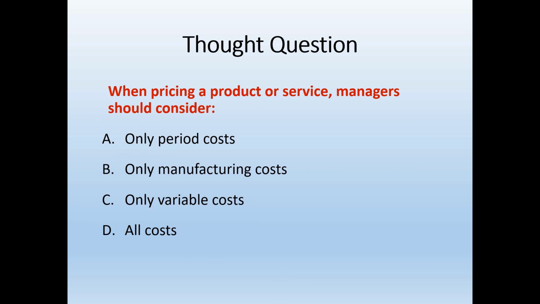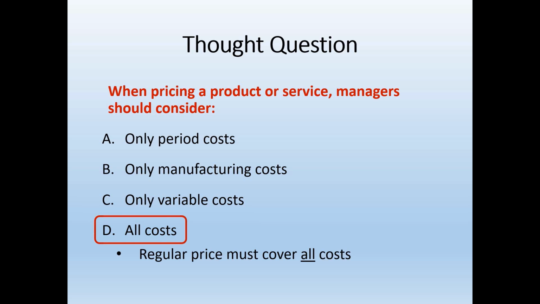Here are some questions to think about. When pricing a product or service, should managers consider only period costs, only manufacturing costs, only variable costs, or all costs? Right. Managers need to consider all costs when they're setting their regular selling price. Otherwise, the firm might not be able to earn a profit.